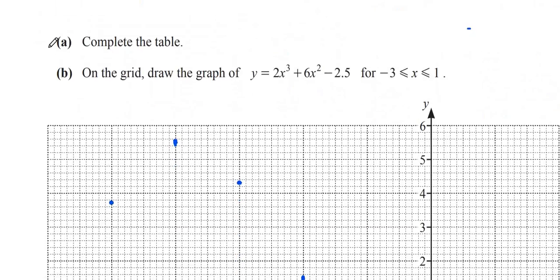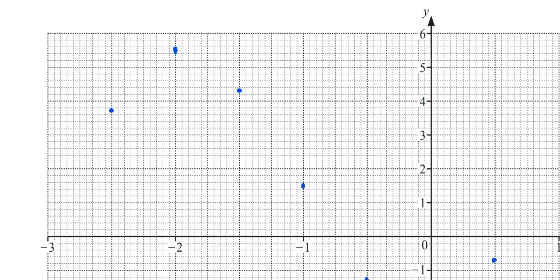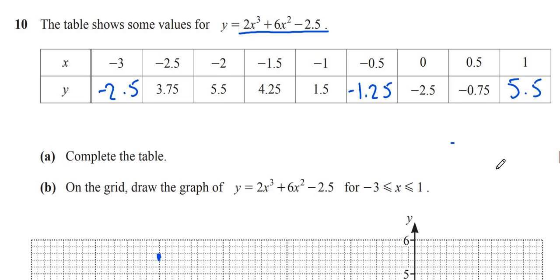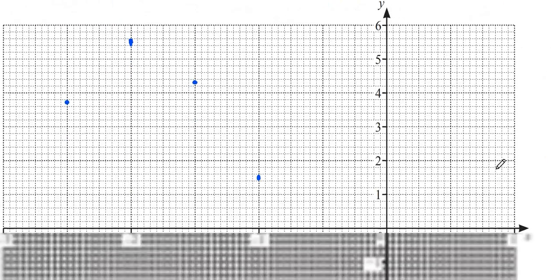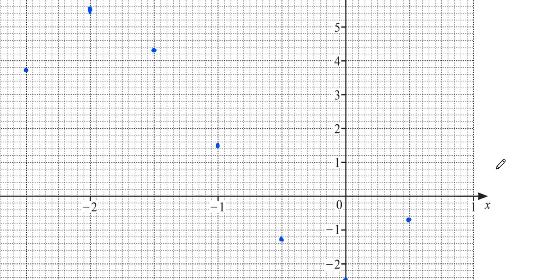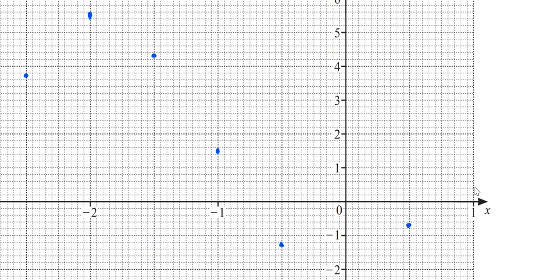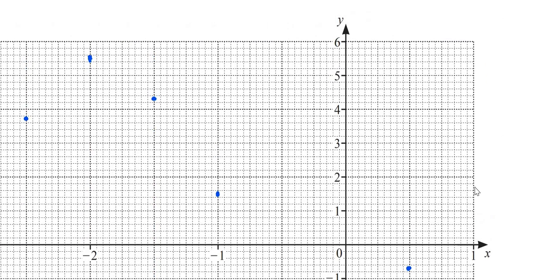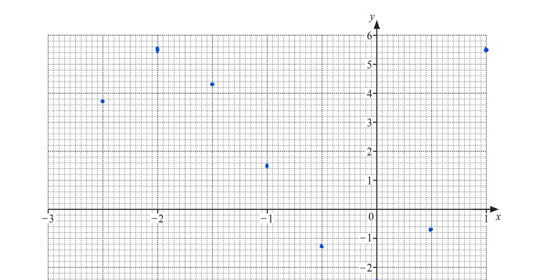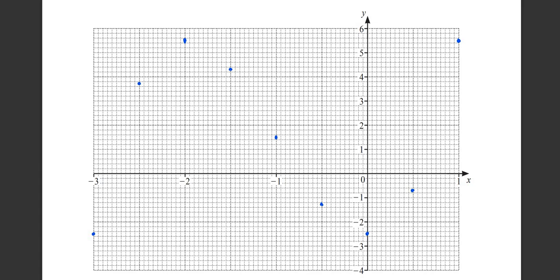And the last coordinate, 1 comma 5.5. So 1 is over here, 5.5 is somewhere over here. All right. Now what do we have to do? We have to link all of these together.